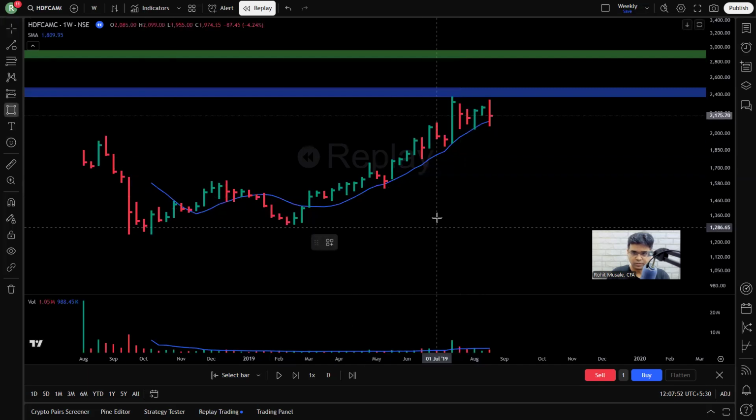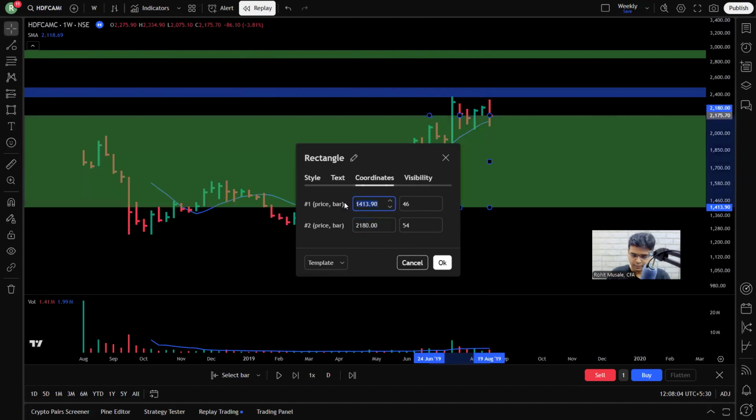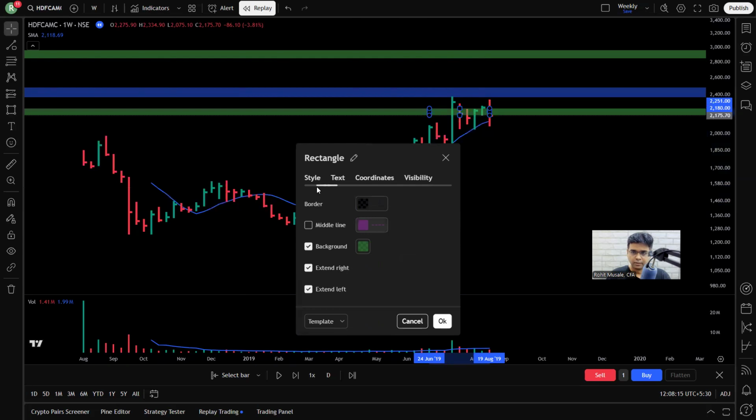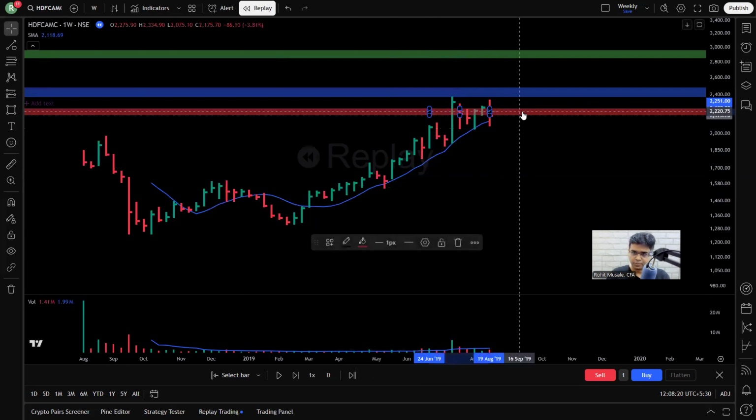Let's draw the stop loss range. 2370 multiplied by 0.92. That's 2180. And 2370 multiplied by 0.95. That's 2251. And the color will be red. So stop loss range, buying range, and the target range or the selling range.